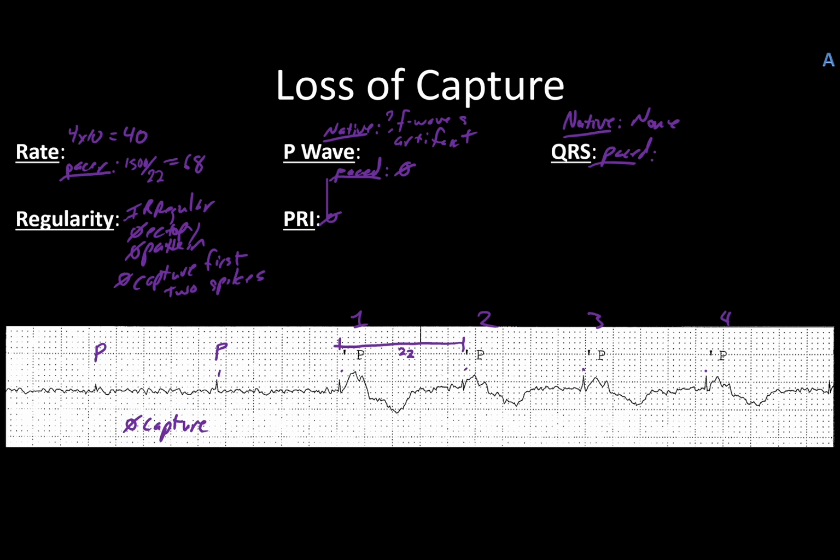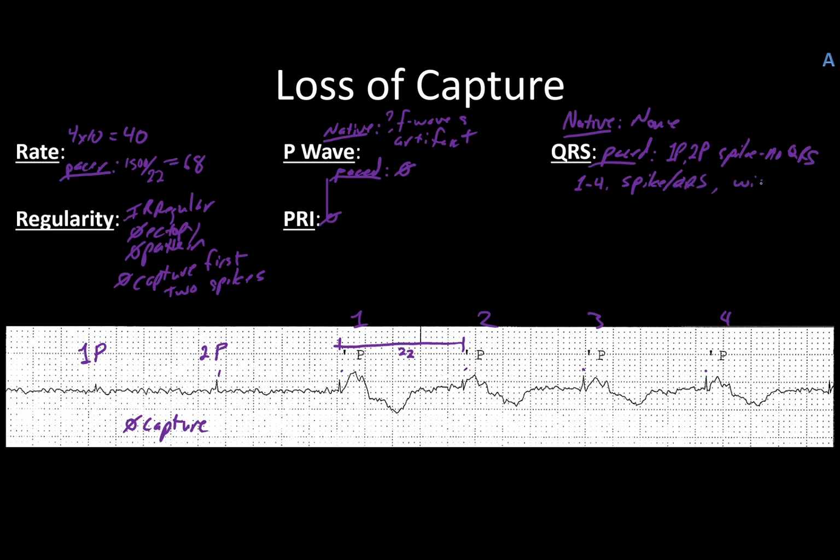From a paced standpoint, I'll just call this 1P, 2P. 1P, 2P, spike, no QRS. And then remaining beats, so 1 through 4. And we have 1 spike per QRS.